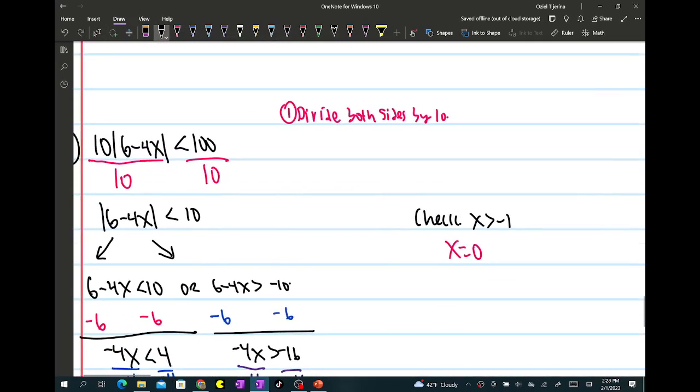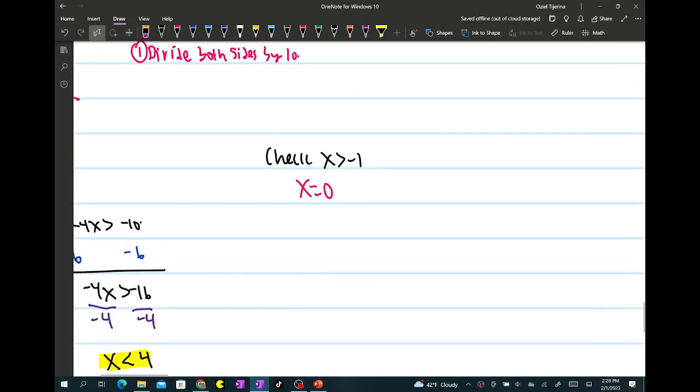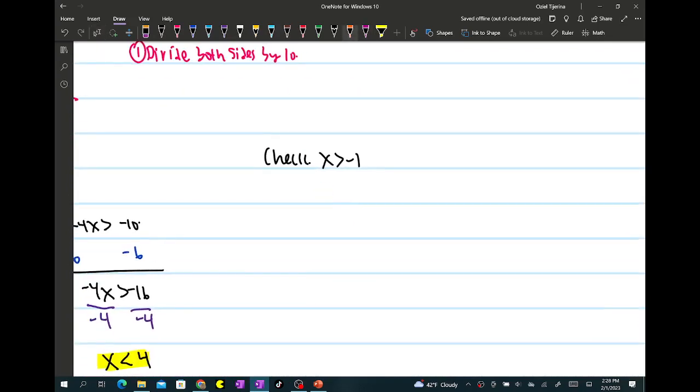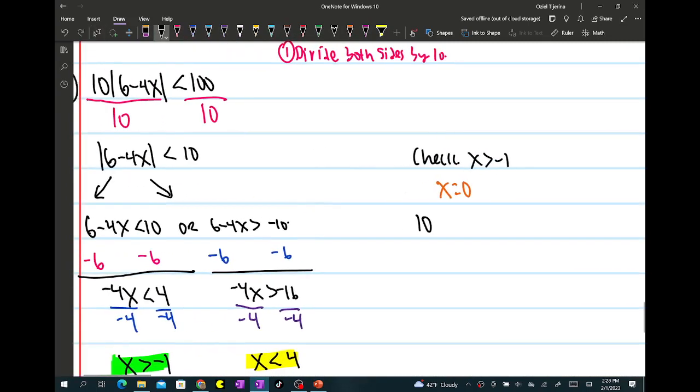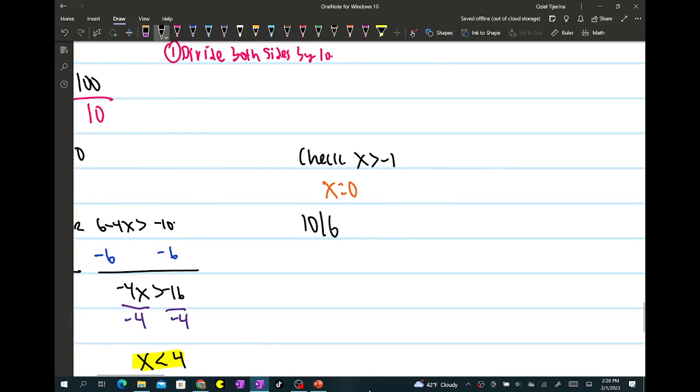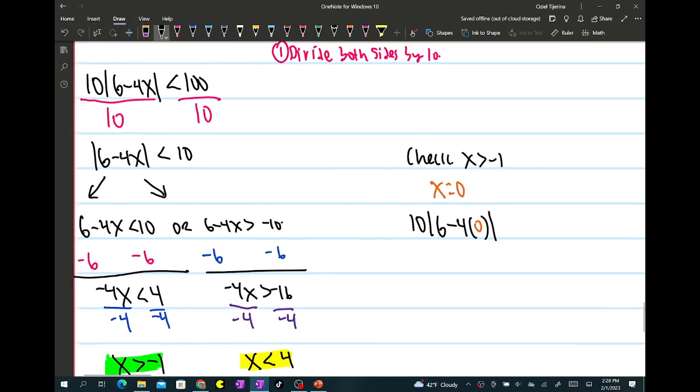So when I plug it in, I'll have 10 times the absolute value of 6 minus 4 times 0 is less than 100.